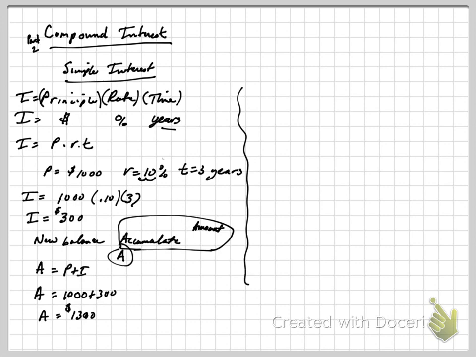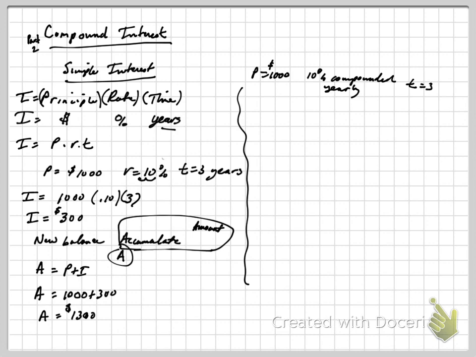So here's what we're going to do. We're going to do the same amount of money. $1,000 is going to be 10% compounded yearly, and the time is going to be 3 years again.